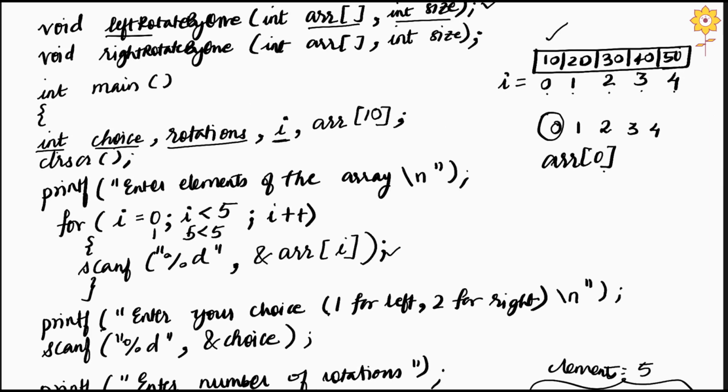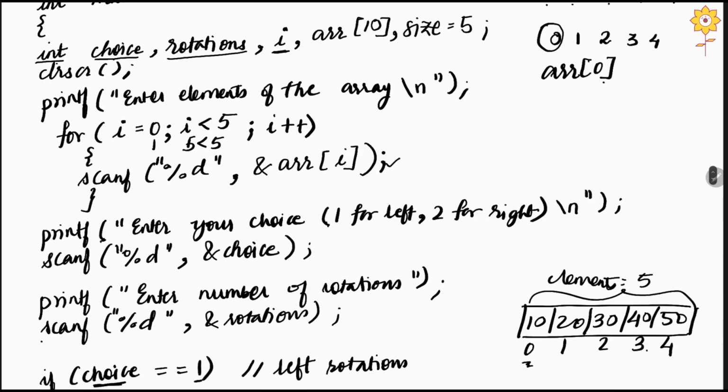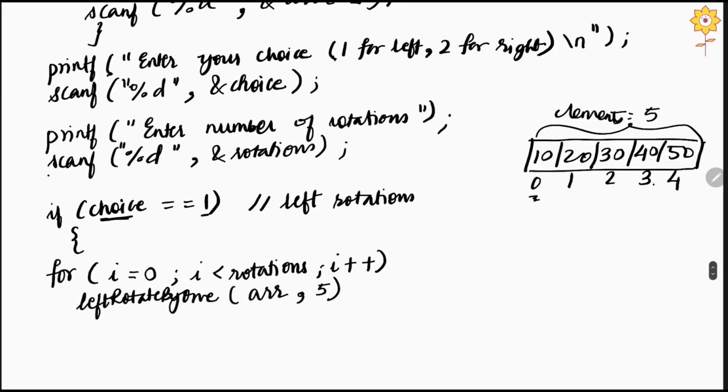So, you can write size is equal to 5, okay, and then while passing, you can pass the size variable. So, you will pass array and size, okay. So, while calling, at the end you will put a semicolon and you will close this if statement.